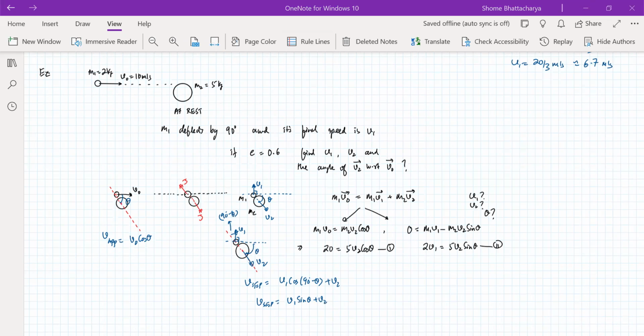Okay. So now let us use this equation for coefficient of restitution, which is given. It means that the separation velocity is equal to e times the approach velocity. So the separation velocity from here is v1 sin theta plus v2.